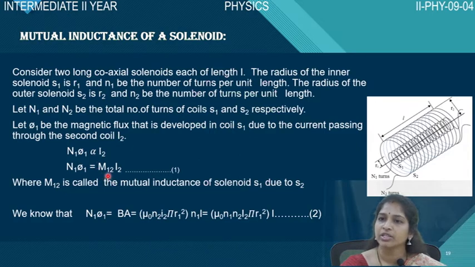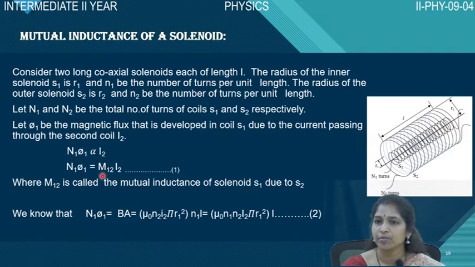Here the constant, I am not writing it as M. It is M12. Why M12? We have already written here: flux developed in S1 due to current passing through S2. That is why we write it as M12.